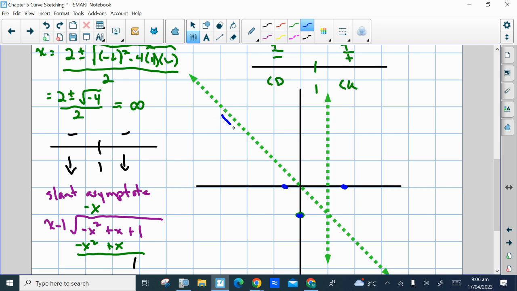The graph is concave down in this first interval, and it approaches the two asymptotes and decreases. The graph decreases in the second interval, and it's concave up. So it looks something like that. So there's that graph.